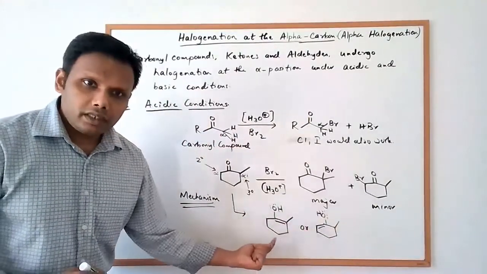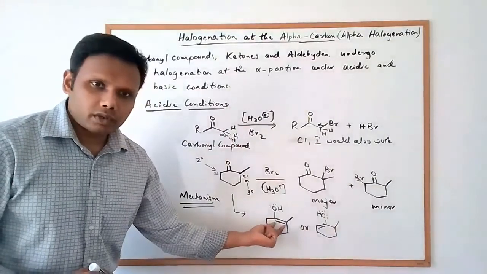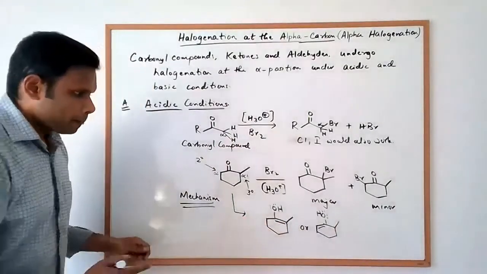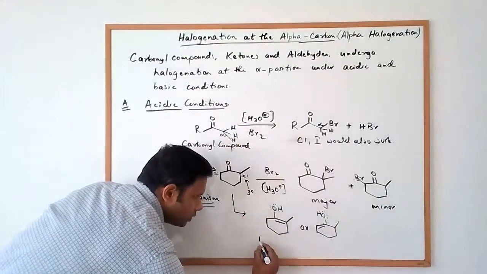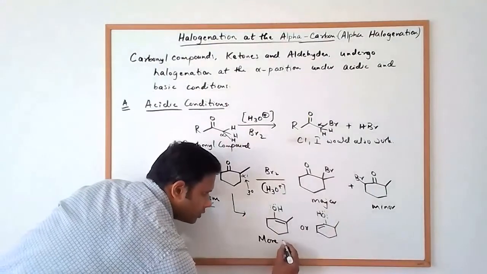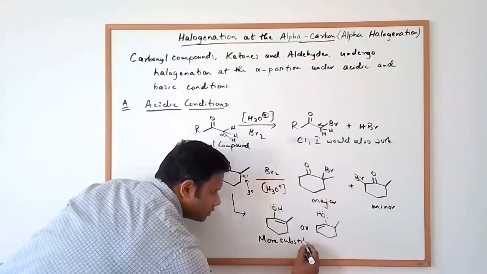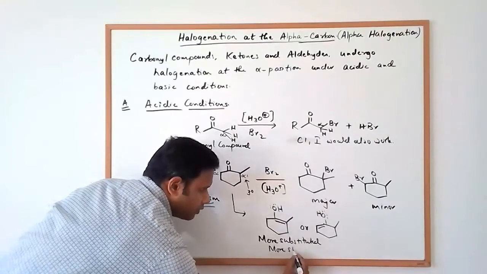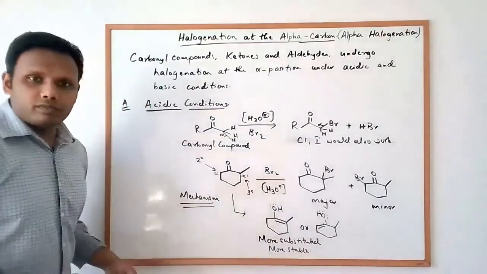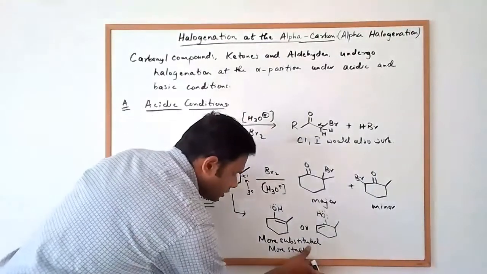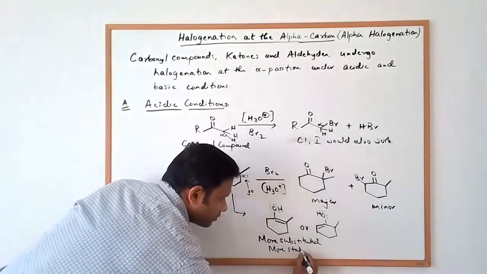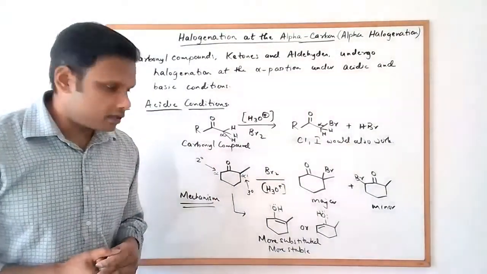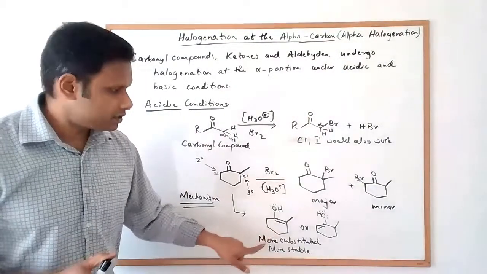And when you look at the enol, notice how there's a double bond, okay? An enol is basically an alkene and an alcohol. And so the more substituted enol is more stable thermodynamically, okay? It is more stable. And so because of that, the major product, the alpha-halogenation product, results from this enol.